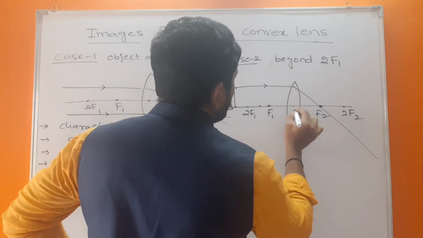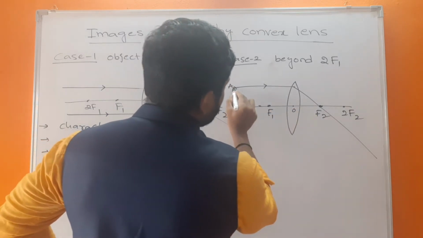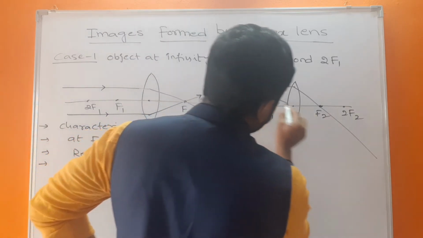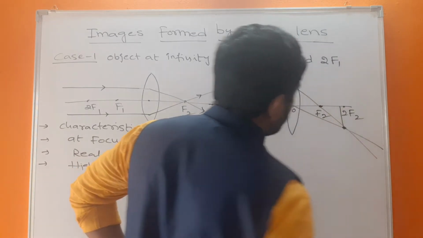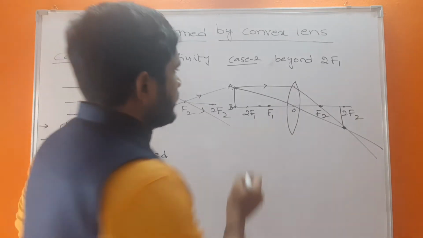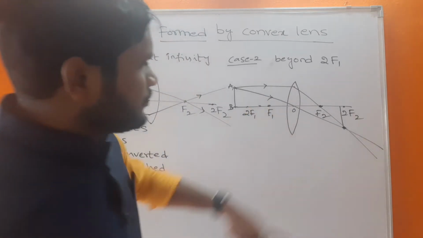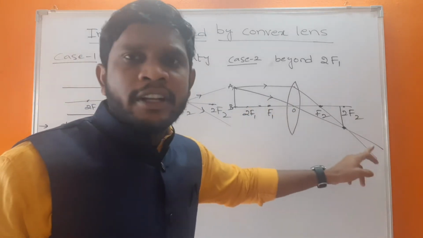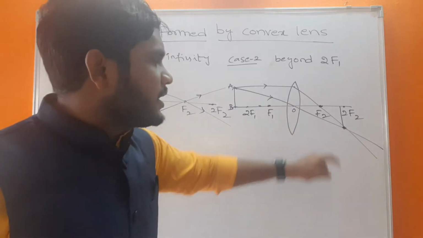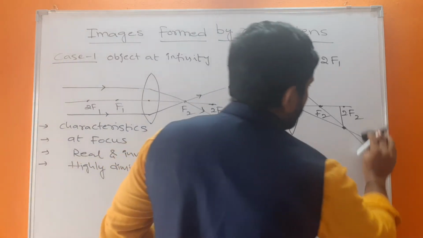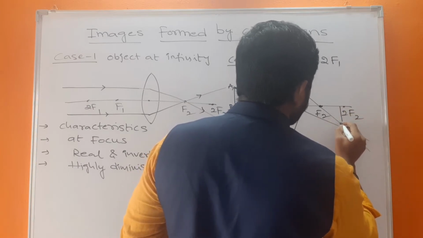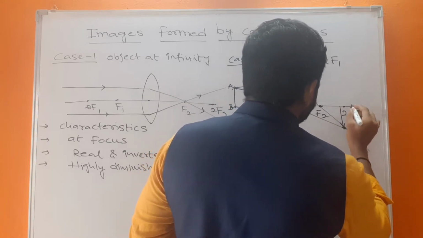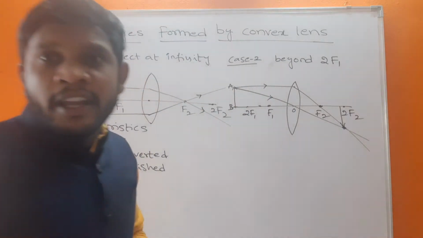And next, the ray which is passing through the optic center goes in a straight line without any deviation. Here you can see the position of the image. Where the two refracted rays meet, that is the position of the image.